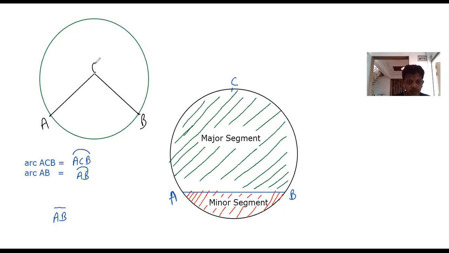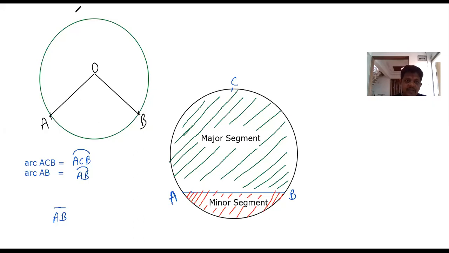From the center to the point on the circle, so this OA and OB are the radii drawn from the end points of an arc. AB are the end points of the minor arc as well as AB are the end points of the major arc. So this region between the arc and the radii drawn from the end points of the arc is called a sector of a circle. Just as this is called a segment, this is called a sector.